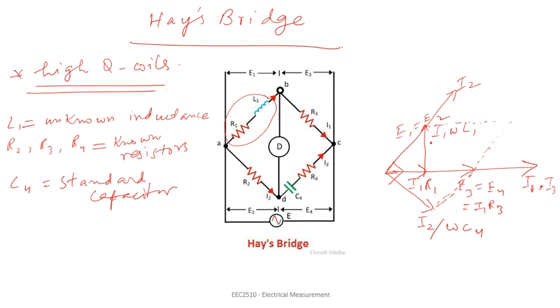So this should be the resultant E. This is simple: just by analyzing this circuit, the different currents and voltages, you can see which of the quantities they will be in phase with.